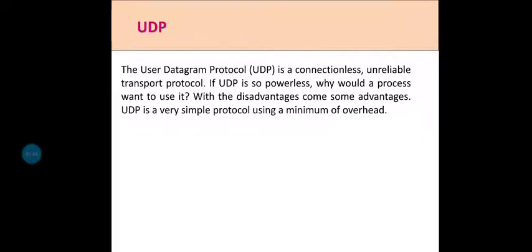The main reason for using UDP is that it is very simple and has minimum overhead. The headers use only a small number of bytes as overhead, and that's why it becomes very useful whenever fast communication is required. In such scenarios we use this kind of protocol.